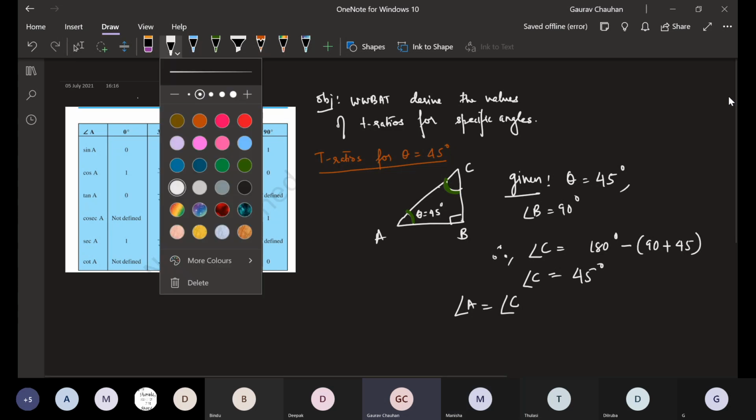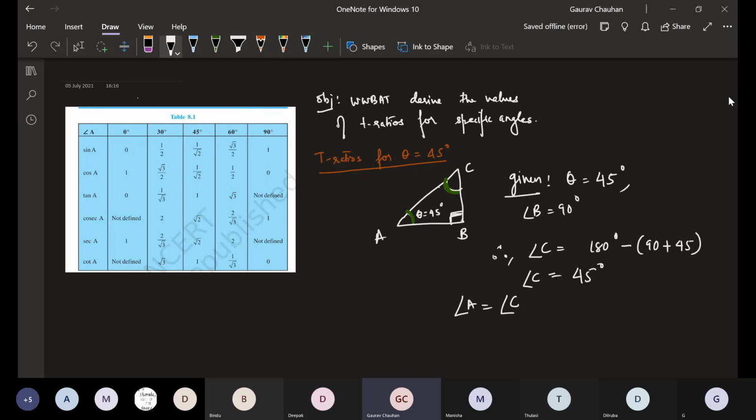Since two angles are equal, and obviously this is 90 degrees, it's not equal to that. So we conclude that AB will be equal to BC, because sides opposite to equal angles in a triangle are equal. Is this okay, Manisha? Yes, sir.